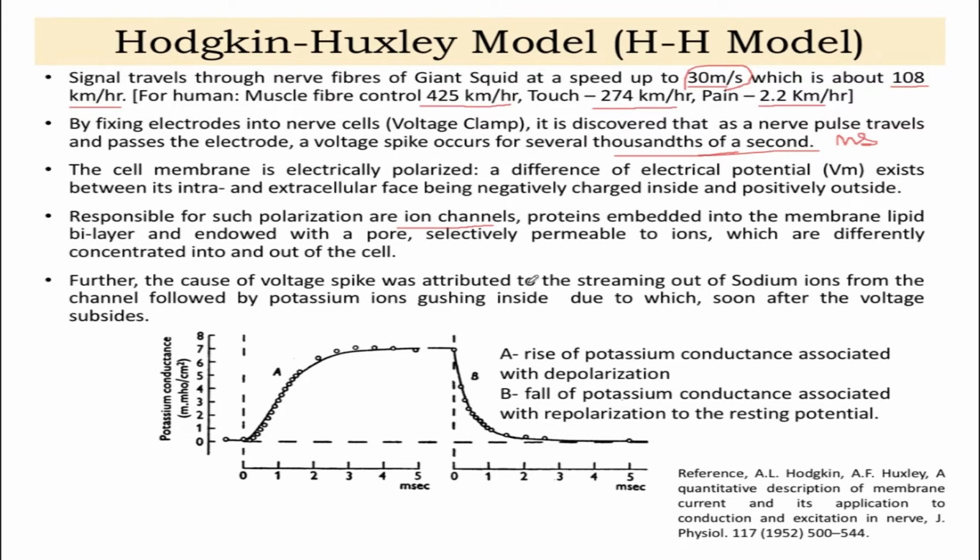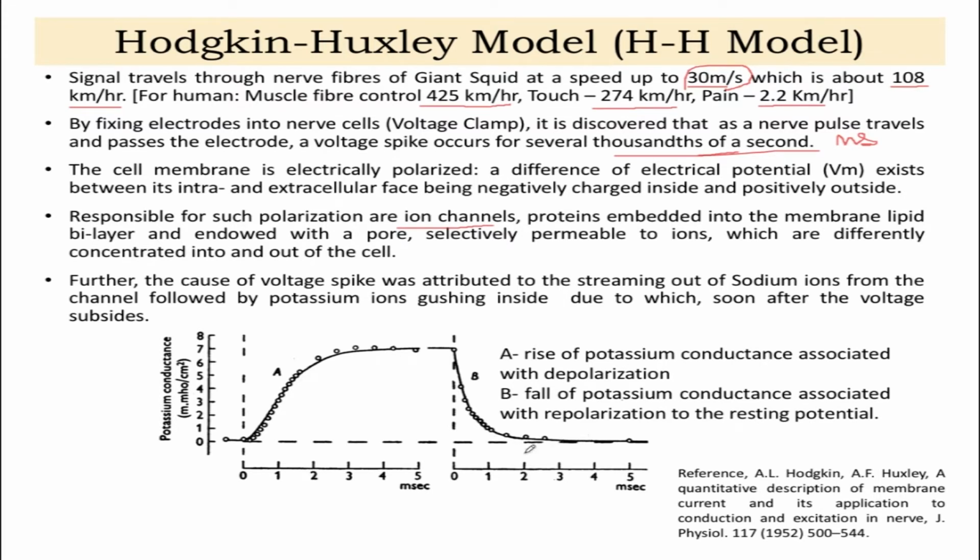Now, what happens, as I told you, is that the sodium ions rush inside, and then this is followed by potassium going out of the nerve cell. So that basically creates this kind of a positive signal followed by a negative signal.